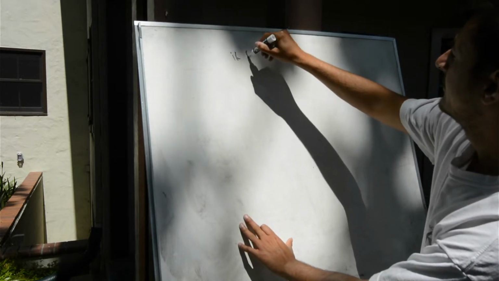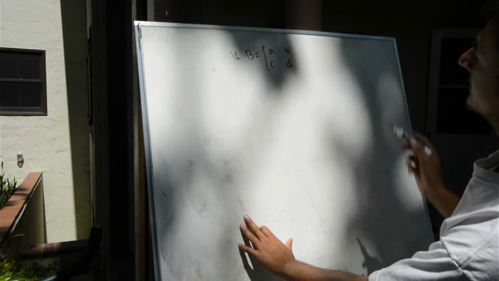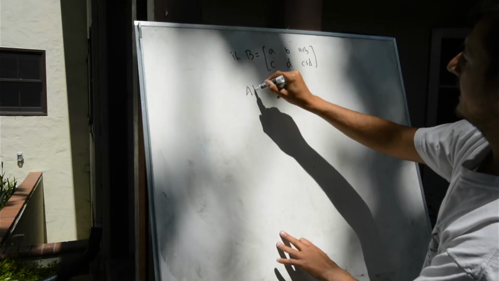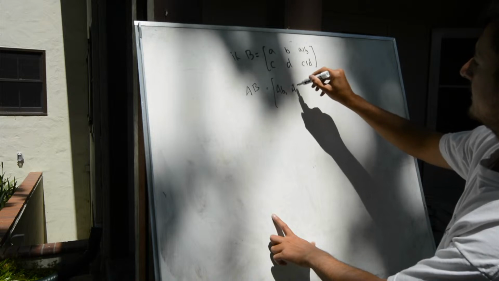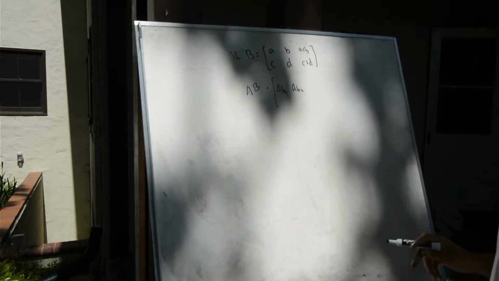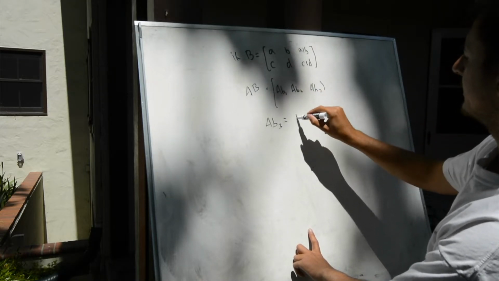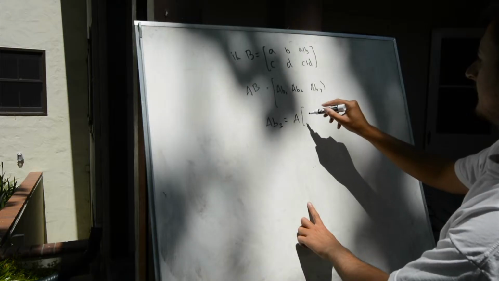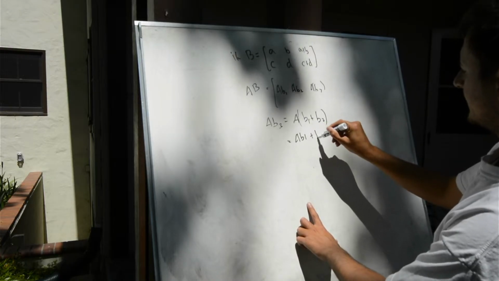Okay, so the question was if B looks like this, we have A, B, C, D, and the third column looks like A plus B, C plus D. Then the idea is that AB is going to look like this: AB1, AB2, and then AB3. But AB3 is equal to A times B1 plus B2, which is equal to AB1 plus AB2.